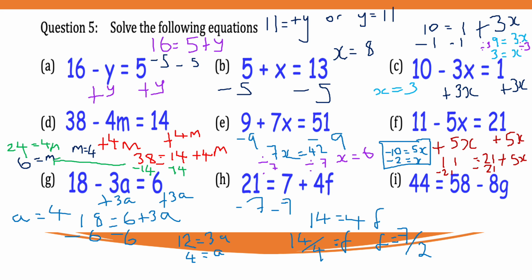Okay, the last one, part I. So we got 44 is equal to 58 minus 8g. I'm going to add 8g to both sides. So I'm going to get 44 plus 8g is equal to 58. Subtracting 44 on both sides.